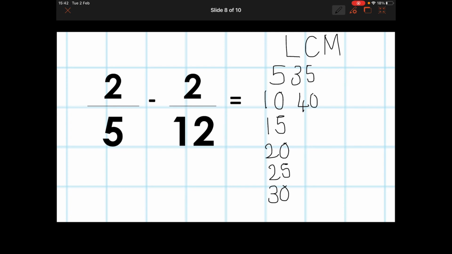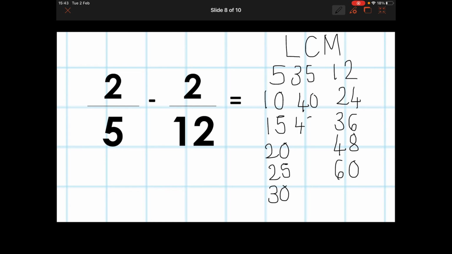Now I'm going to pause there for a moment. And I'm going to start to write some of my 12's out. And then you can see if you need to extend some of your 5's. Okay, I'm going to pause my 12's there for a moment and I'm going to extend some of my 5's a little bit more because I haven't yet got to the number that I need.